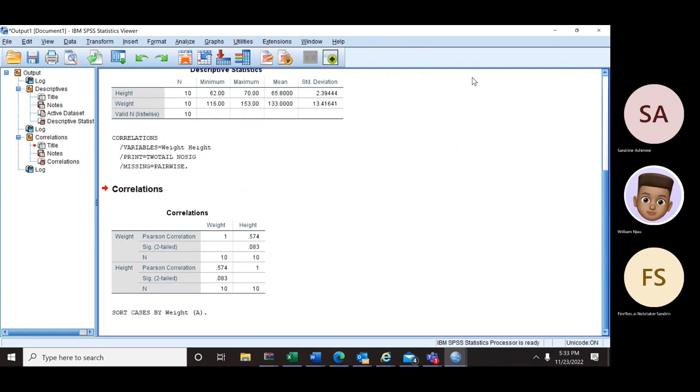So I was saying, it's a positive correlation. The next value is known as the Sig, the Sig two-tailed. Sig is just short for significance.